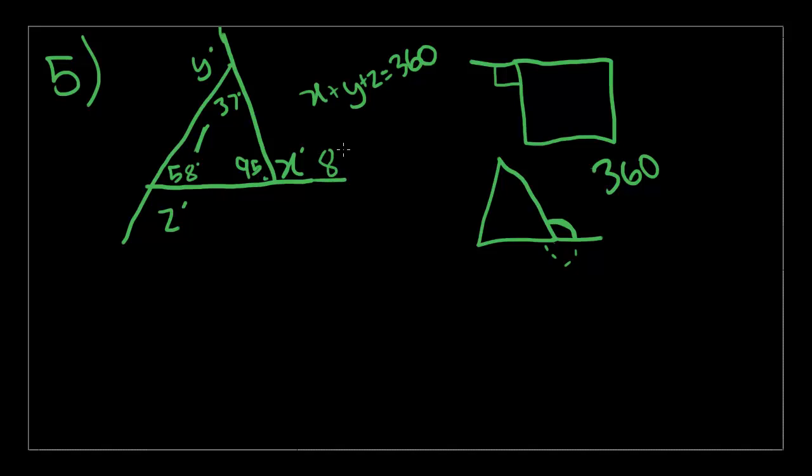Minus another is 85. Angle y is equal to 180 minus 37, which is 143. And angle z is equal to 180 minus 58, which is 122 degrees. Hopefully I got that right.